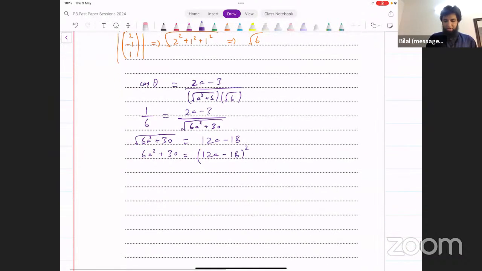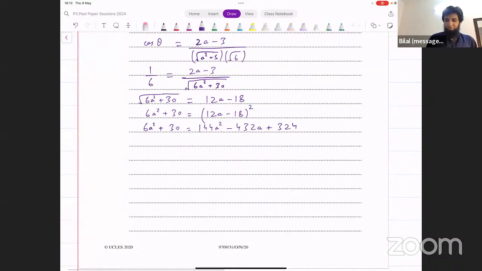Now let's simplify this. It becomes 6A squared plus 30 equals 12A minus 18 whole squared. What's that? That's 144A squared minus 2 into 12A into 18, that's 432A, plus 18 squared, that is 324.